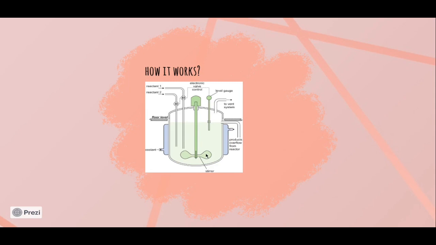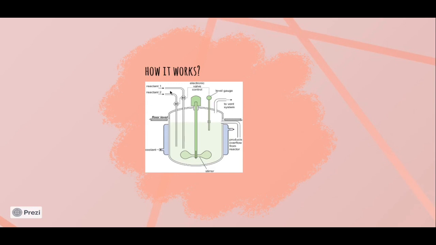And this is stirrer that makes the reactants react. And this is coolant to cool the product if needed. And this is vent for any heat to go out if the reactant is heated.